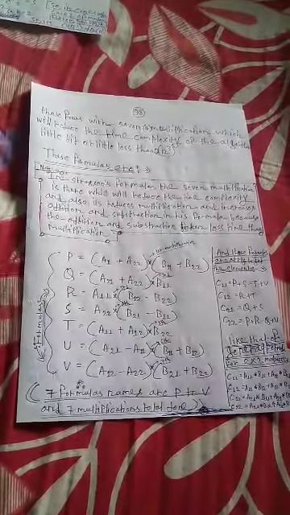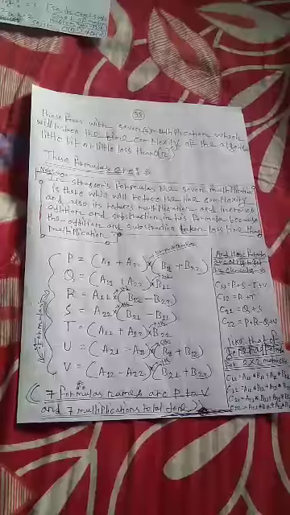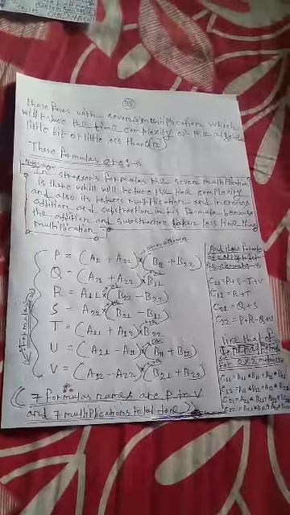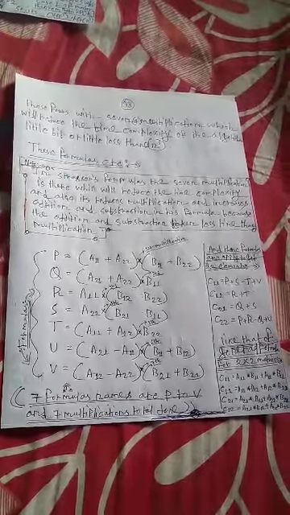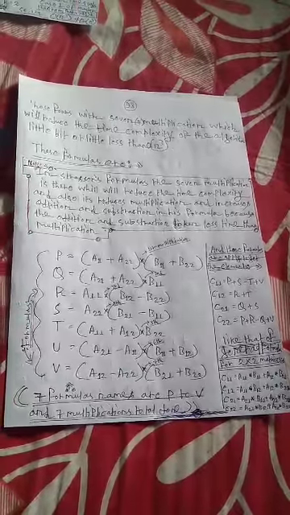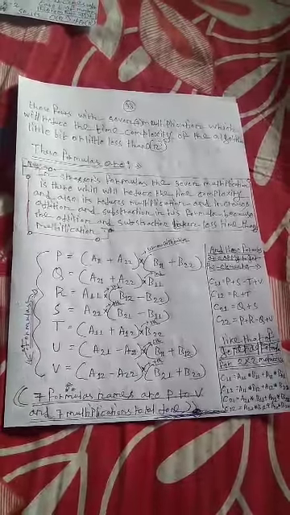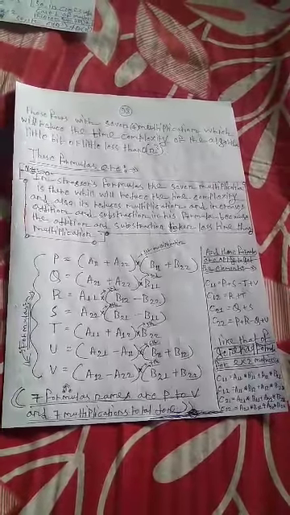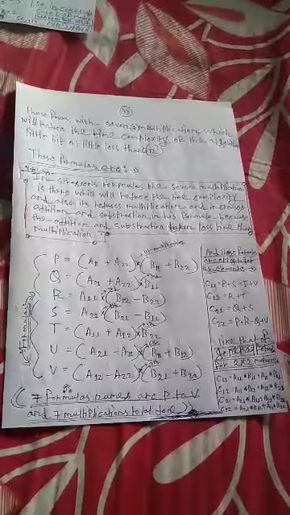Applying these formulas to get the elements, there are 4 parts: C11, C12, C21 and C22. Here C11 is equal to P plus S minus T plus V. C12 is equal to R plus T, C21 is equal to Q plus S, and C22 is equal to P plus R minus Q plus U. This is the general form for a 2 into 2 matrix.